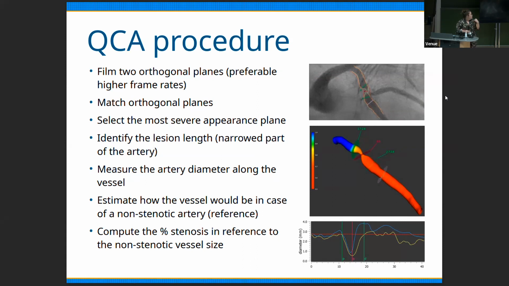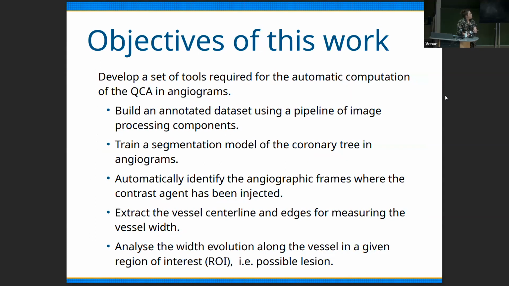Then we need to measure the artery diameter along this narrowed part and estimate how it should be in case of a healthy or non-stenotic coronary. And then compute the percentage of stenosis based on this reference. So our final aim would be to completely automate this procedure, but we are not there yet. We are still developing some tools to at least automate part of it.